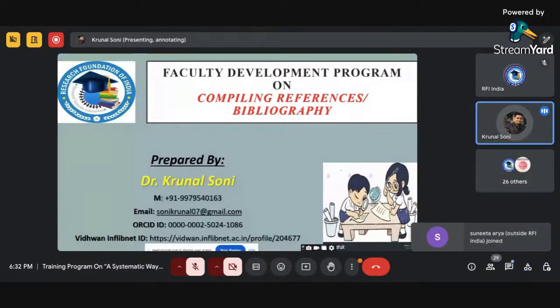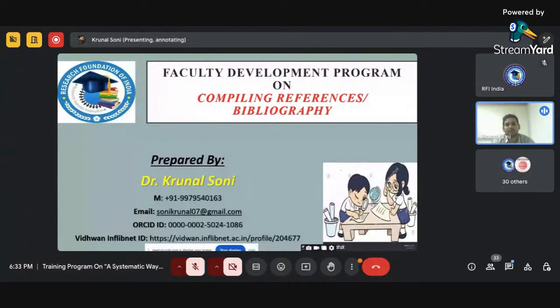Whatever paper we are writing, from idea generation, title finalization and research gap, the references play an important role. So it is very important that we give proper justification in compiling referencing and bibliography.